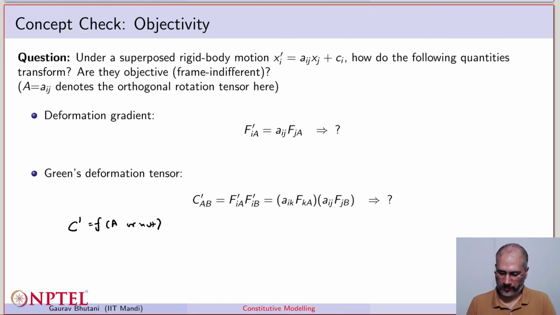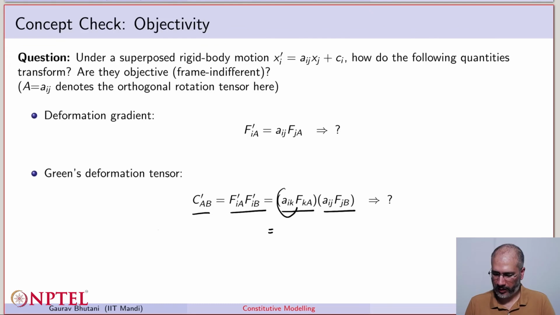So let's check that. C'_AB as defined is F transpose F, that becomes F'_iA times F'_iB, and F' is written in terms of F like this. Now if we take this as the starting point, we know that a_ik times a_ij is basically writing A transpose A, so that becomes delta_kj, followed by F_kA times F_jB, and this becomes F_jA F_jB.